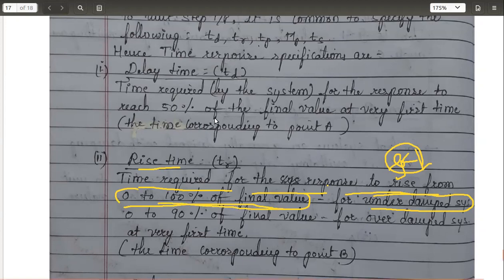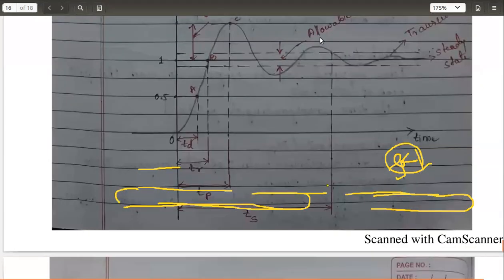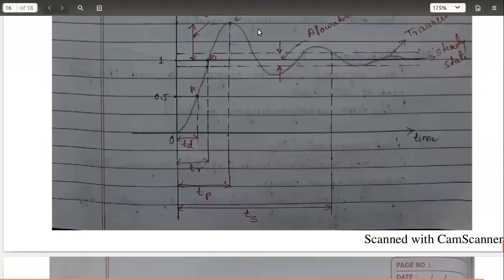Okay, let me go back to the figure and show you how it is. So rise time is the time required by the response to reach 100%. Okay, here. So this is your rise time.